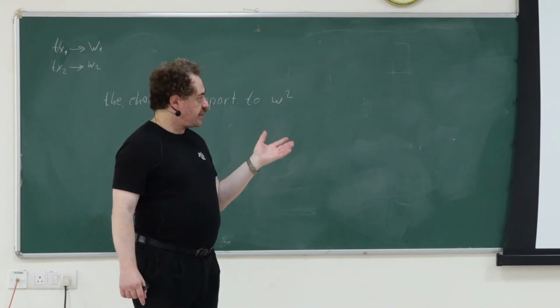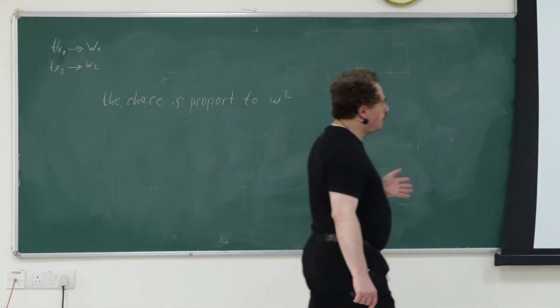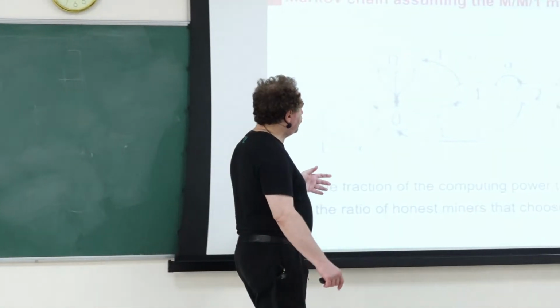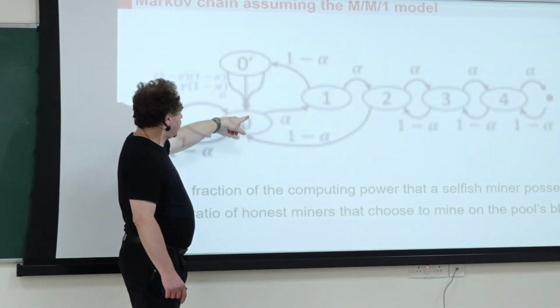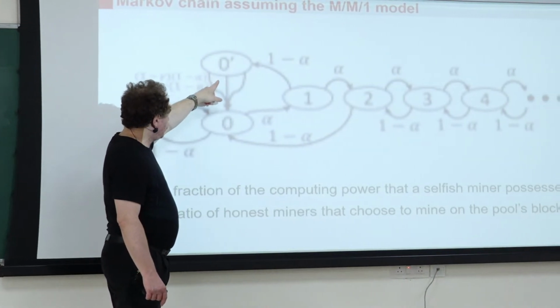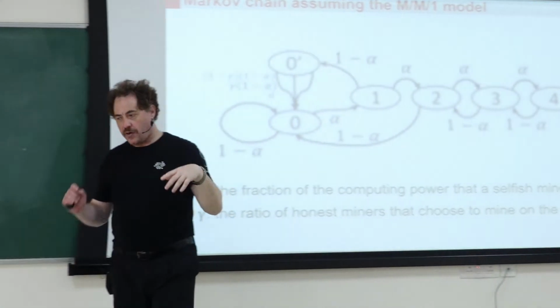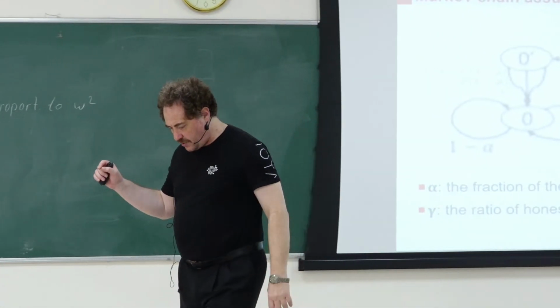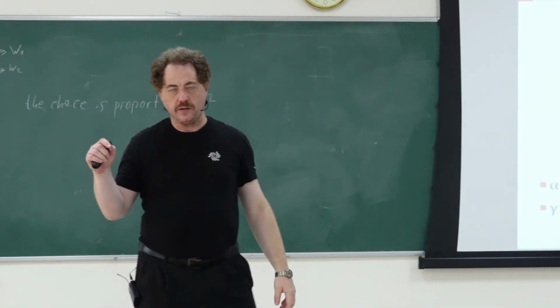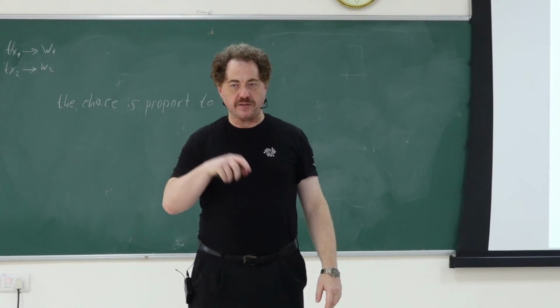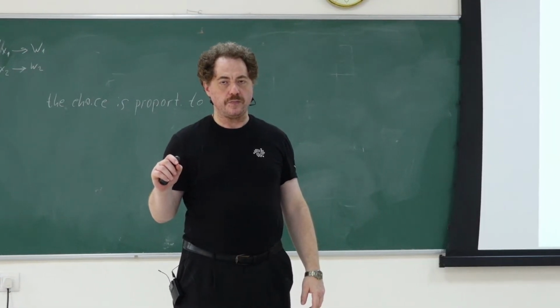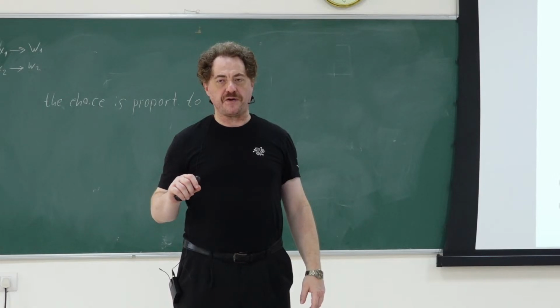So what happens next from this state? There are two cases. Either the public chain finds a block and then the selfish miner abandons the attempt, or the selfish miner finds a block.